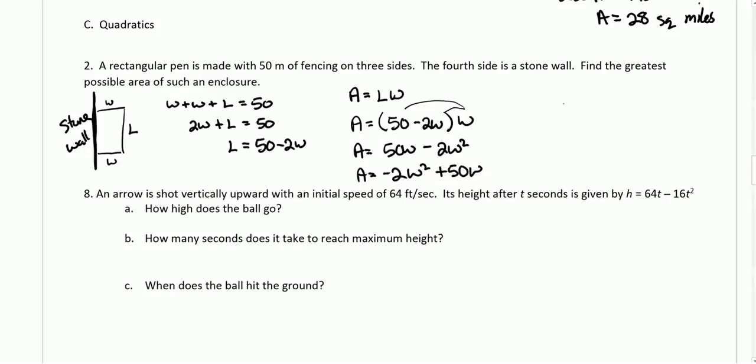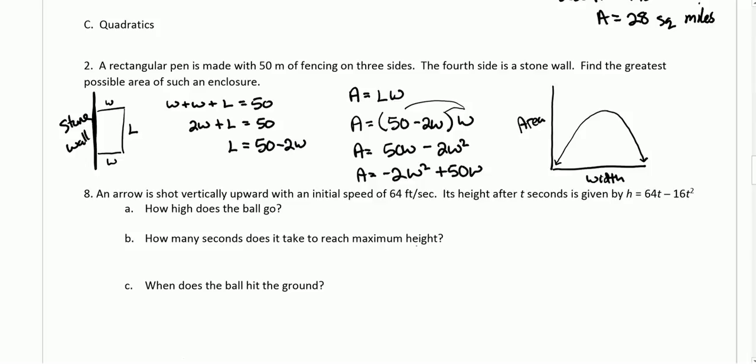To give you a visual here, this is the width that we use in the area. We get this upside down parabola. That's our equation, A equals negative 2W squared plus 50W, where the vertex is at the maximum here.